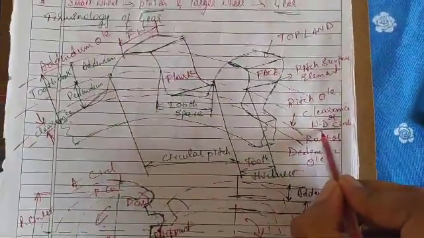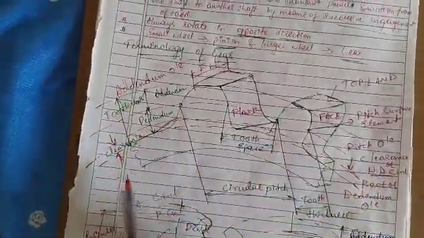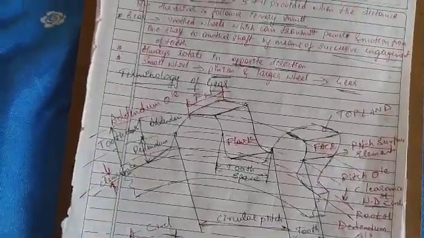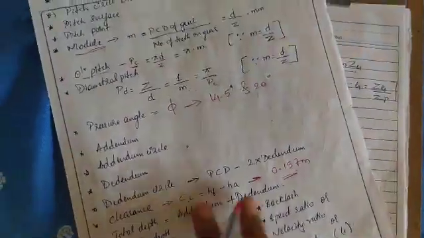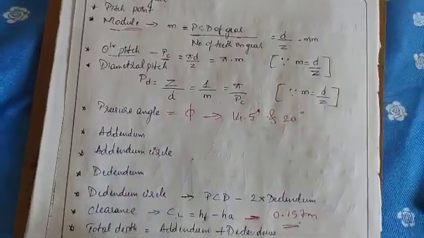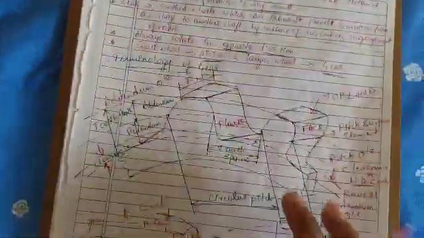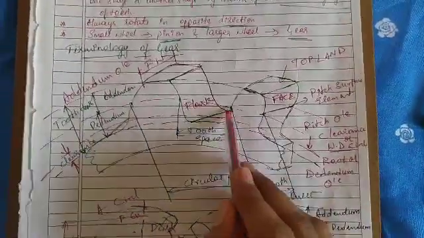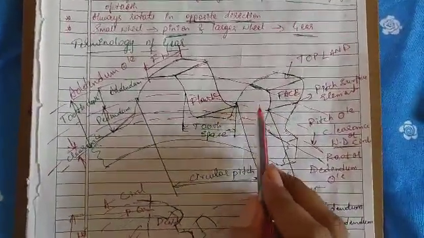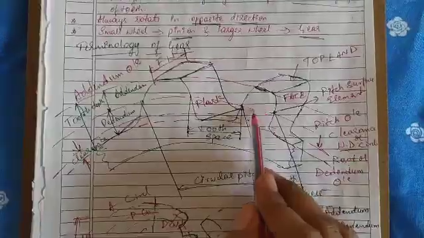Here the working depth circle is there, and also I have shown the circular pitch and the tooth thickness, the thickness or the width of the tooth measured along the pitch circle.